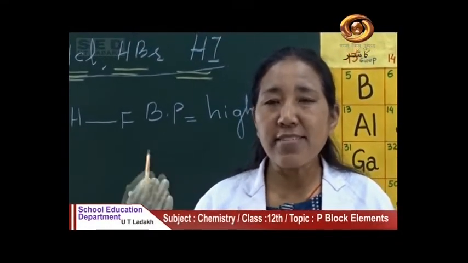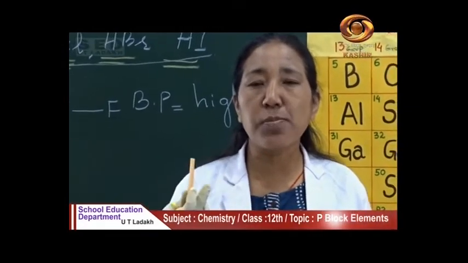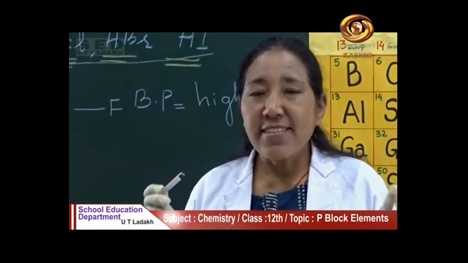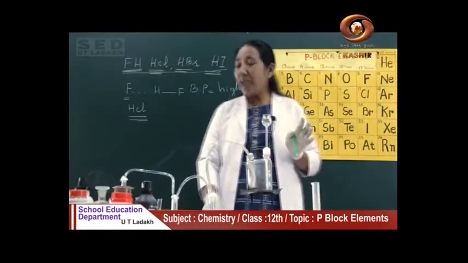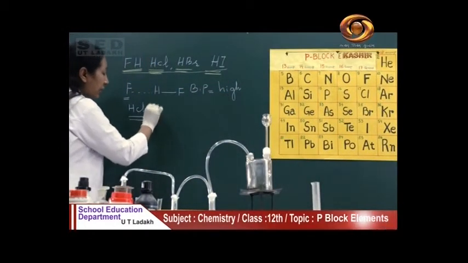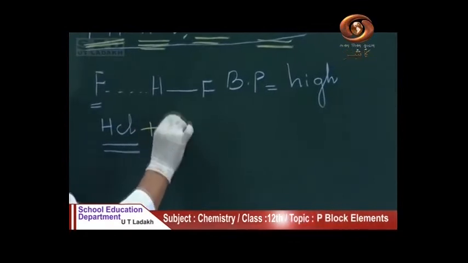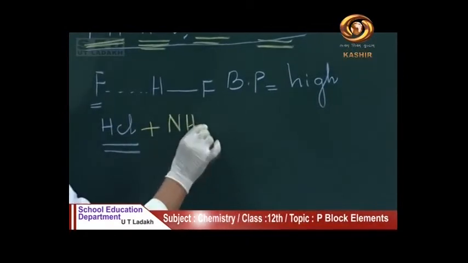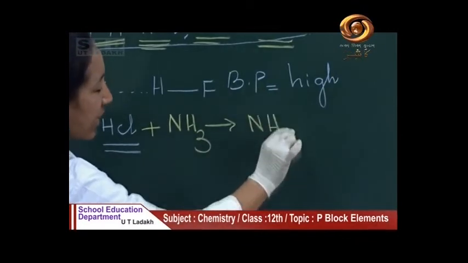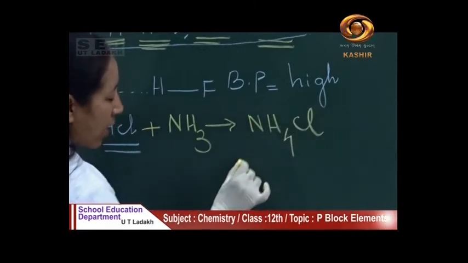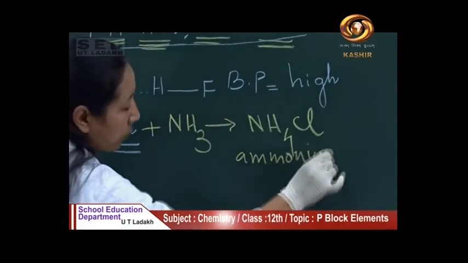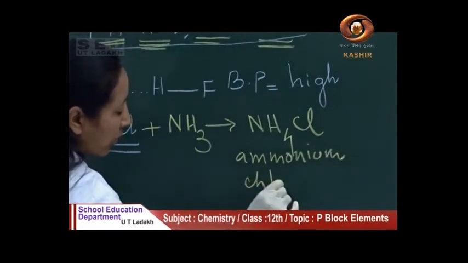If we put a hydrogen halide on universal indicator paper, red color shows that it is acidic in nature. Likewise, HCl reacts with ammonia. It gives ammonium chloride, NH4Cl.